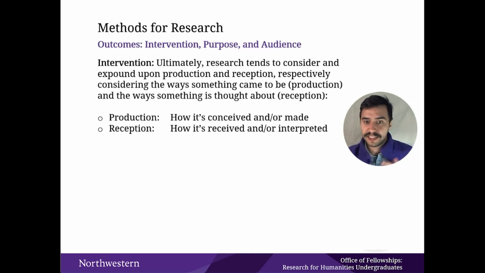So how it's conceived or made would be the production of the thing, and how it's received or interpreted might be its reception. So the question here is what is the gap in human understanding that you're trying to fill, and how does this new idea you're contributing to the conversation intervene in the discourse or in how we understand it through its production or reception?